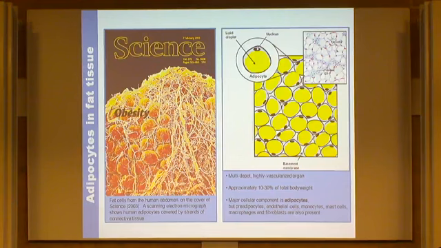It releases hormones, for example, that affect how hungry we feel. No, not angry. Well, sometimes angry too, but mostly hungry. It's highly vascularized, a lot of blood vessels, a lot of capillaries in it. Very dynamic, metabolically very dynamic.